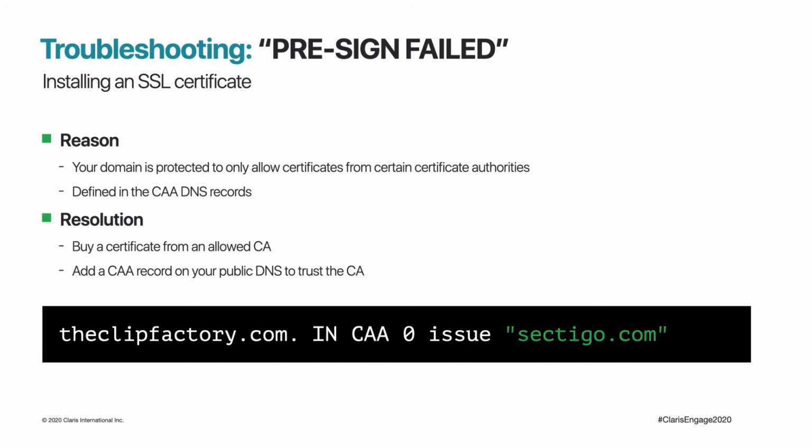So you can define that your domain name could only buy certificates at Sectigo. If you then ask for a certificate at another certificate authority, it will be blocked. And how is this defined? It is defined on your DNS server in what is called a CAA DNS record.